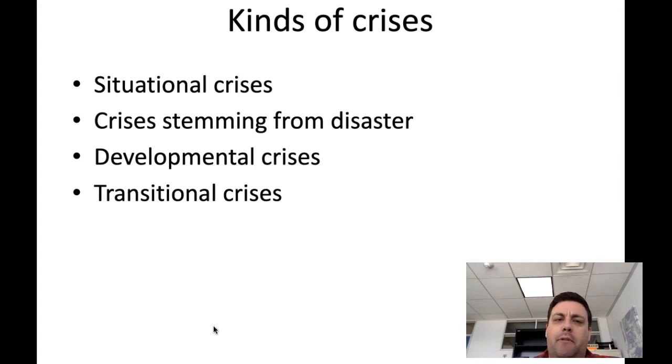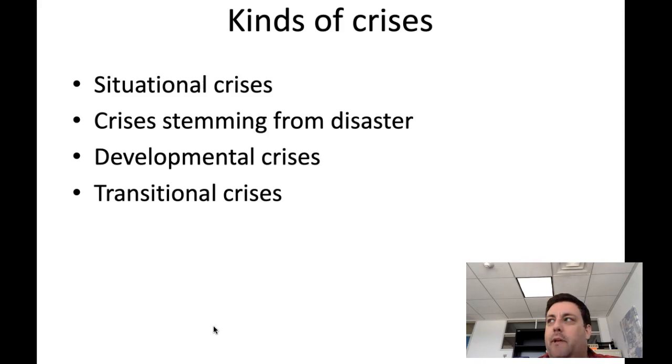So Caplan, though, did argue for sort of four big umbrella categories of crises: situational crises, disaster crises, which would be something like the Coconut Grove fire or some other kind of natural disaster, developmental crises, and then transitional crises.